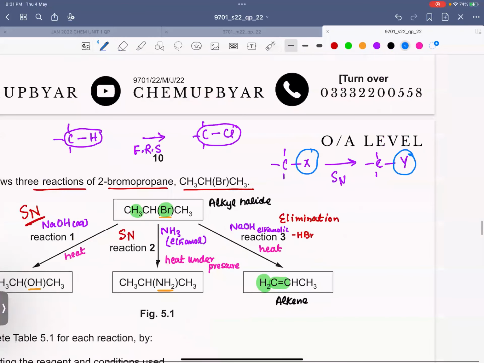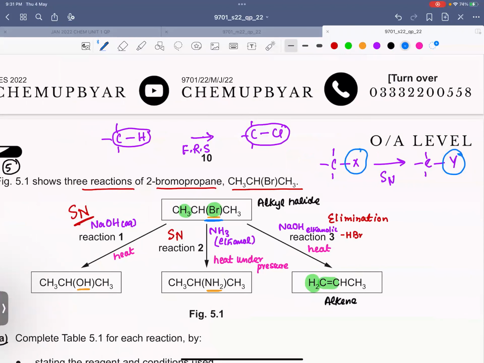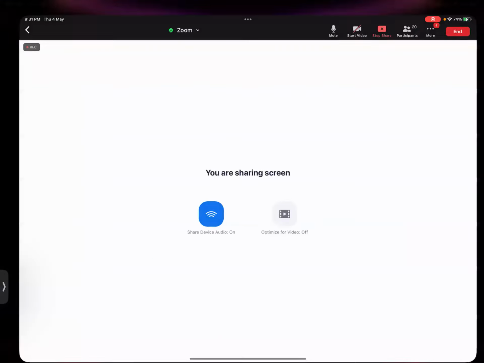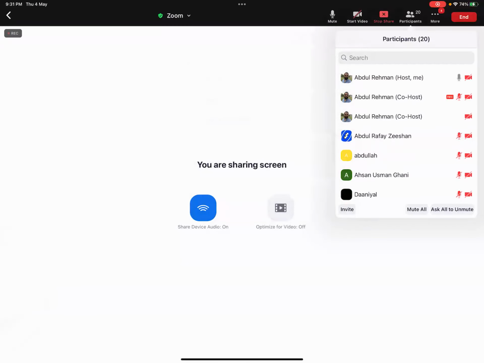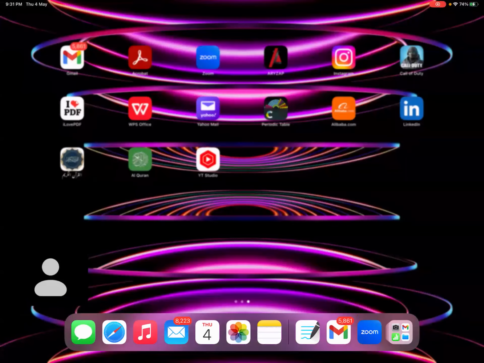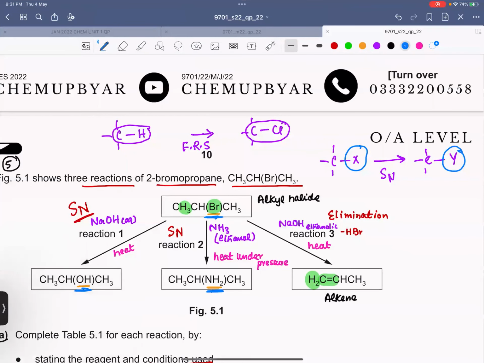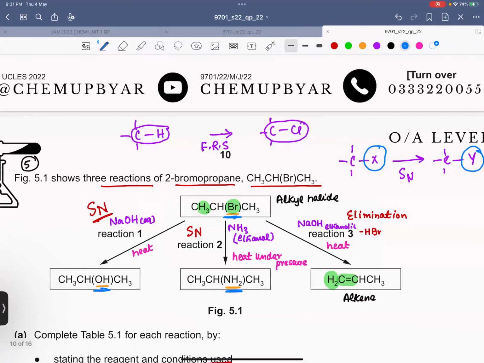And that's what is actually happening in reaction 1, bromine is replaced by OH, and in reaction 2 bromine is replaced by NH2. Is this clear? Yes. Is this clear, Mahveen? Yes, sir.